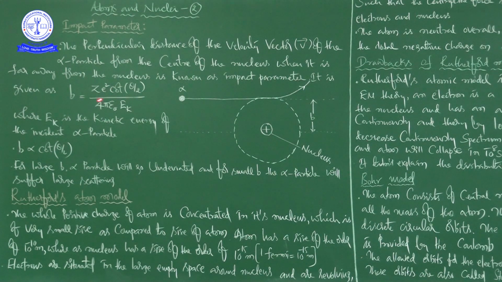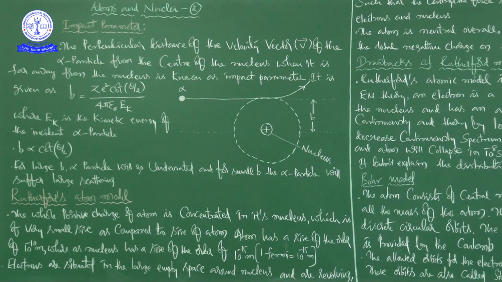E k is the kinetic energy of the incident alpha particle. From this expression, I can also say that b is directly proportional to cot theta by 2.